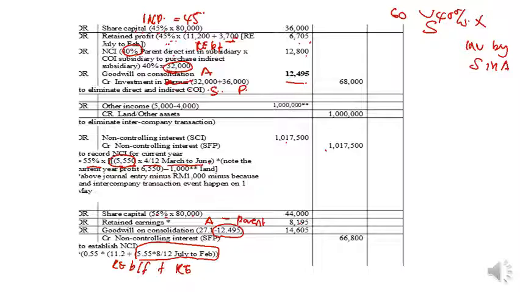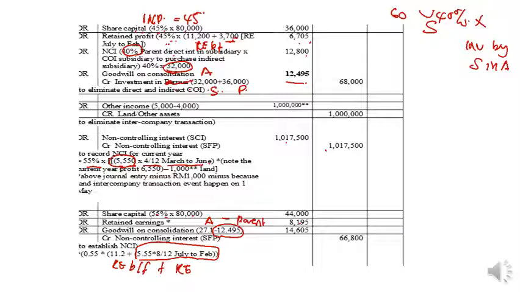So 45% here is times 80. Retained profit is 45% times RE. RE here is the RE brought forward plus the RE after the acquisition from July. This one is RE brought forward, which is RE before they become indirect. So you're going to have this one, 6705.